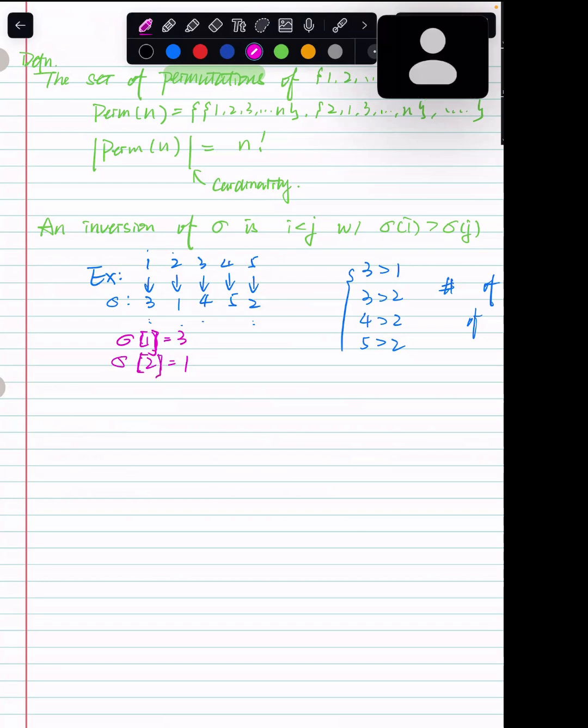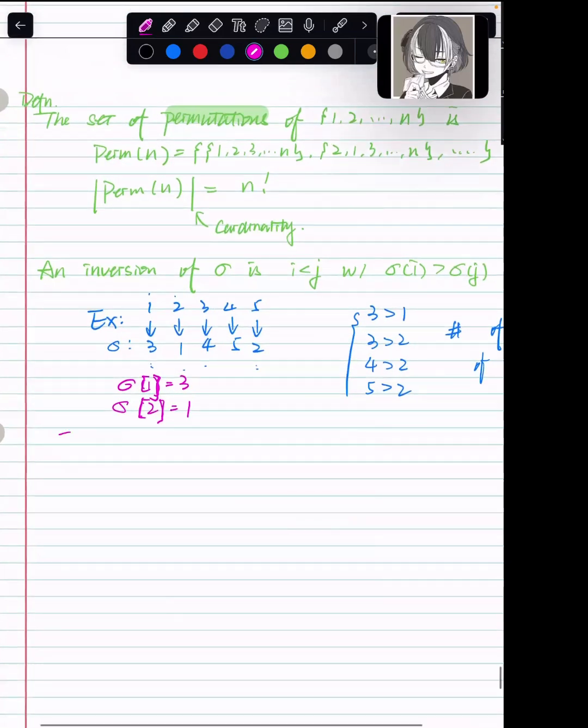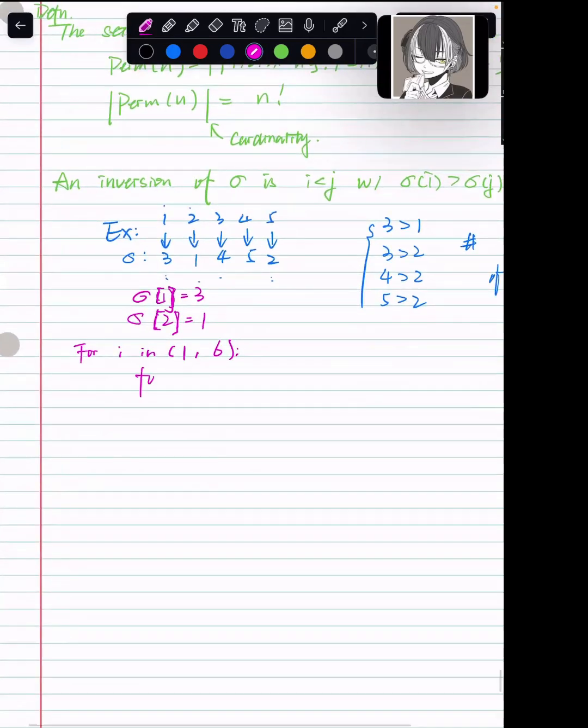Can you just go over the 3 is greater than 1, 3 greater than 2 part again? Sure. So basically, this is like a for loop. So for i in 1 to 6, and for j in 2 to 6.